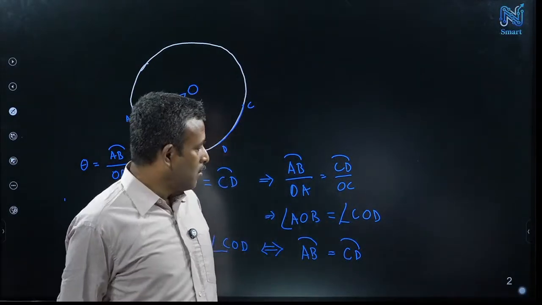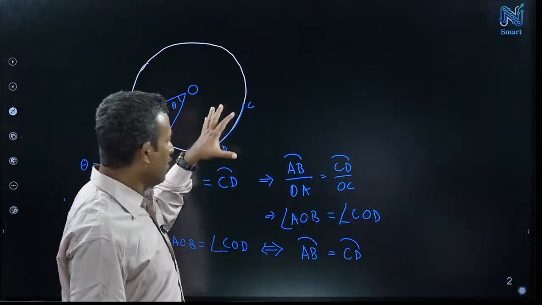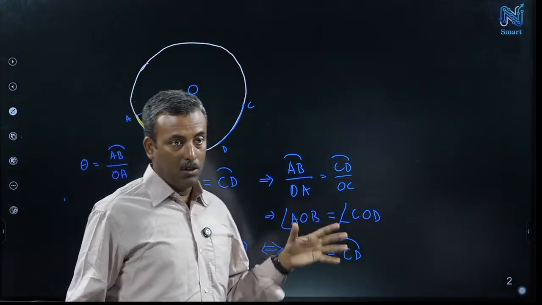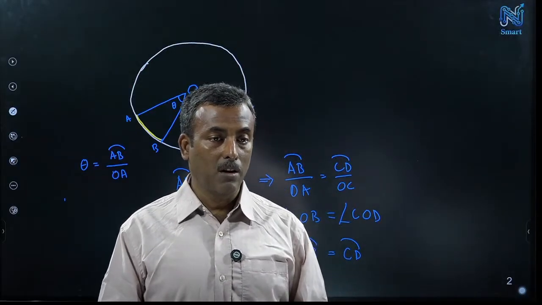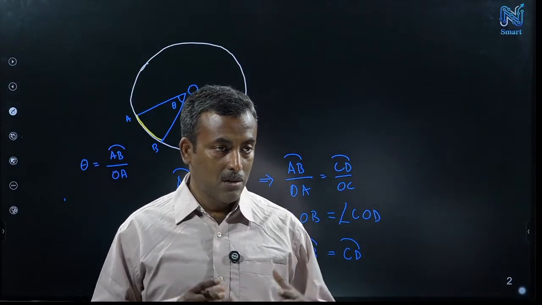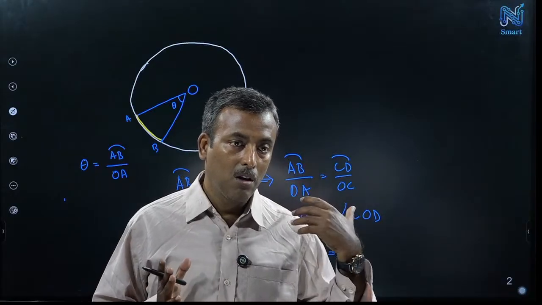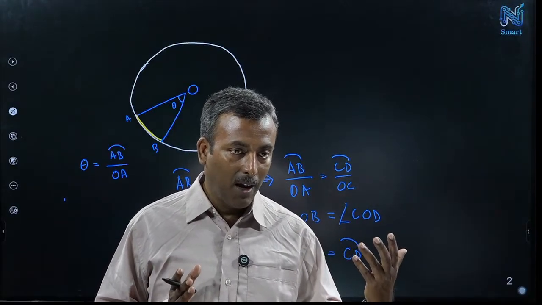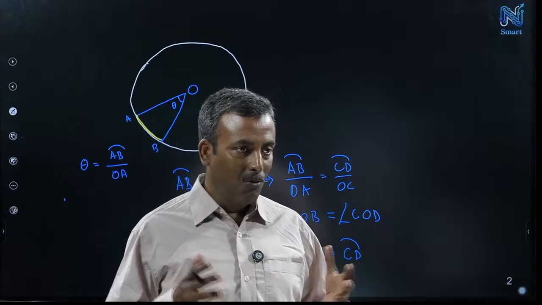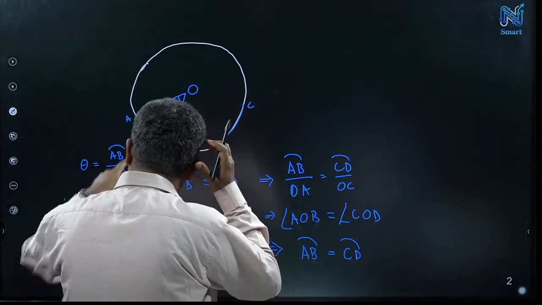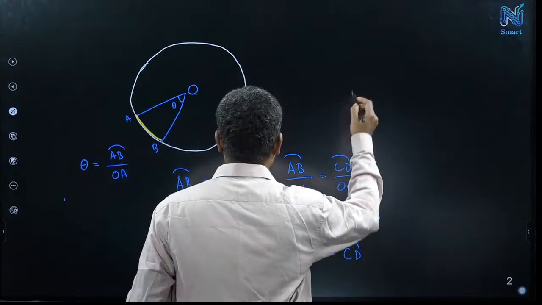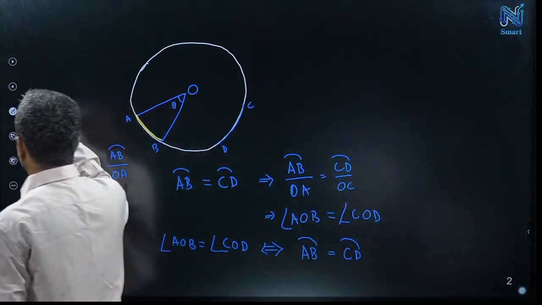So this is not directly from the chord, because there is no direct relation from chord to arc. The direct relation is from arc length to the angle at the center. Now, we connect this with the chord length. For chord length also we know these are equal. So, now draw a different picture.